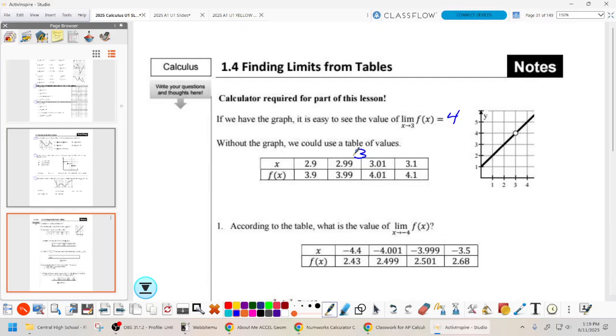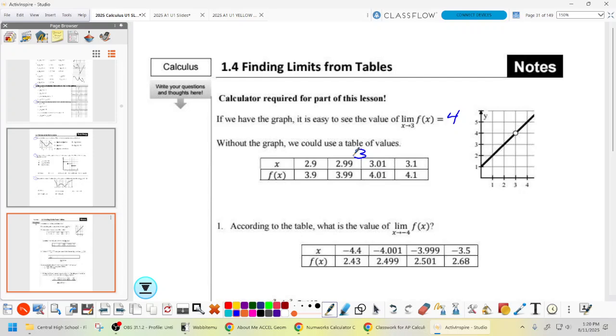Okay, so we're seeing that's 4 coming in right here. How close does it have to be for us to believe that it's actually 4? Thoughts on that? Like, is 3.99 and 4.01 close enough? Okay, well, since it's the intended value, is that good enough for us to think that it looks like it intends to be 4? Yes.